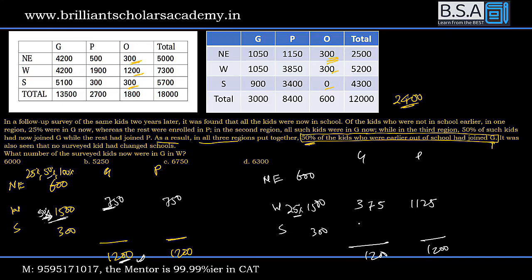So remaining will be 1125 here. Now can I say अगर 50% आप दे चुके हो, this can be either 100% or 25%. अगर 100% if I give, तो ये 600 क्रॉस कर जाएगा ना इसको. If I add 600 here, it will cross 1300. तो 100% तो वैसे नहीं हो सकता.